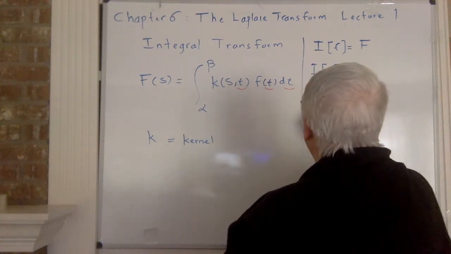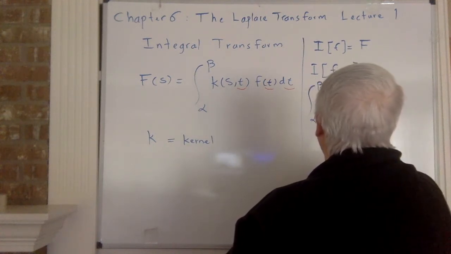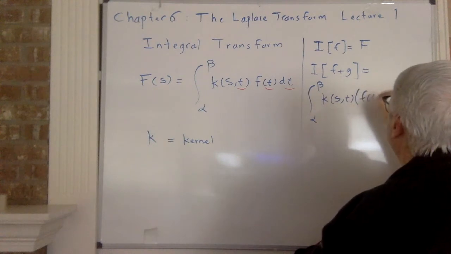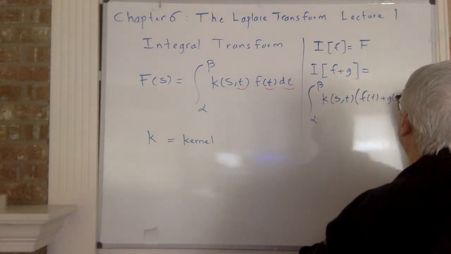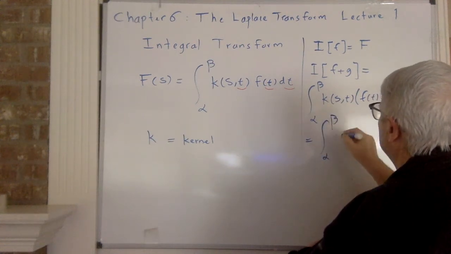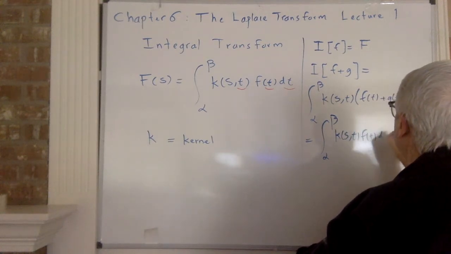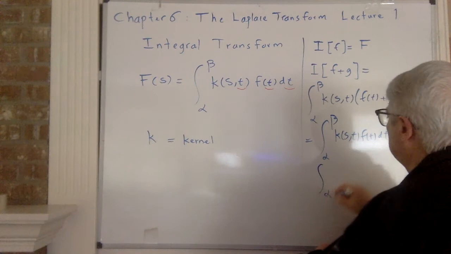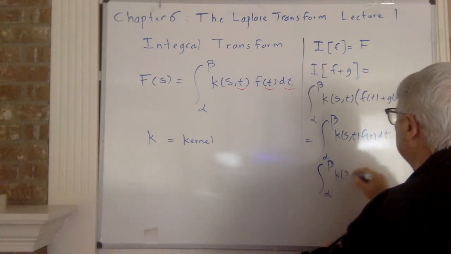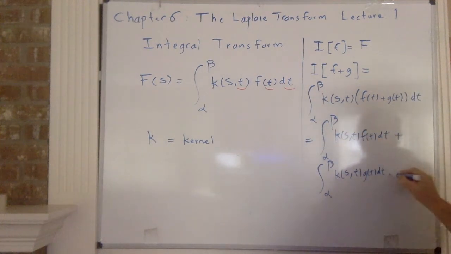Well, that is the integral from alpha to beta of K(s,t) times f(t) plus g(t) dt, and this splits. If you have a nice function, it splits: integral of K(s,t) f(t) dt plus integral from alpha to beta of K(s,t) g(t) dt. And this is in fact F(s) plus G(s).